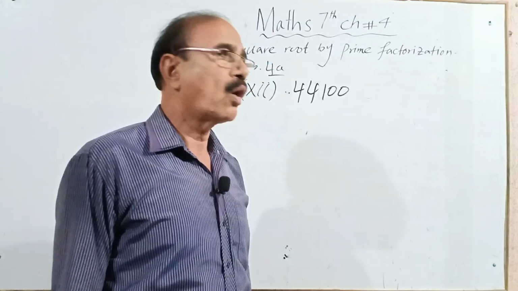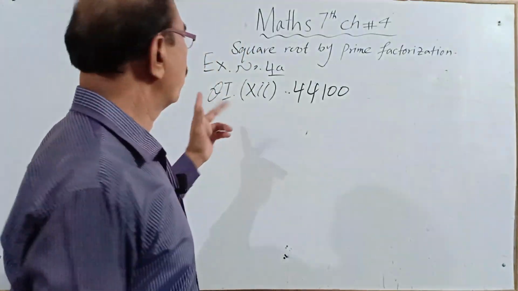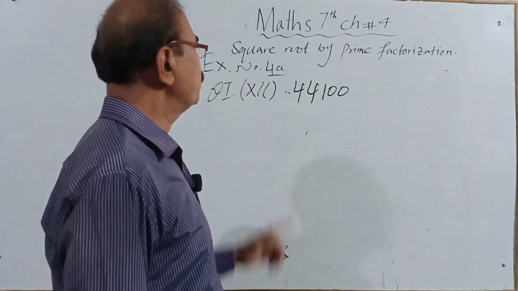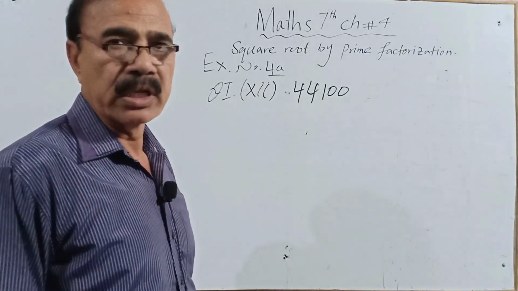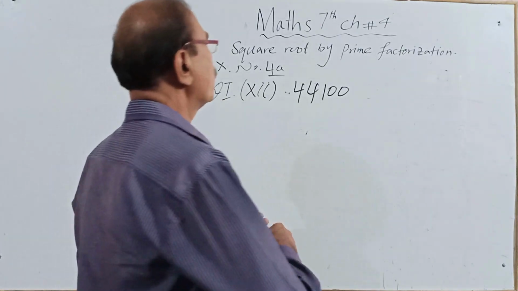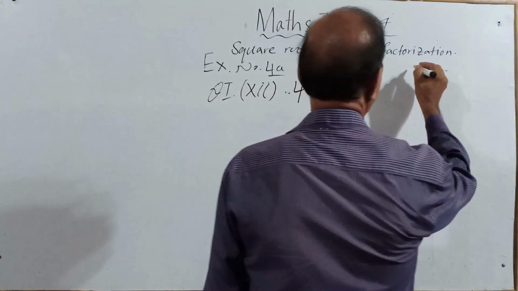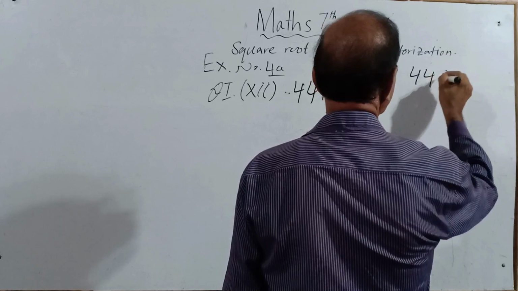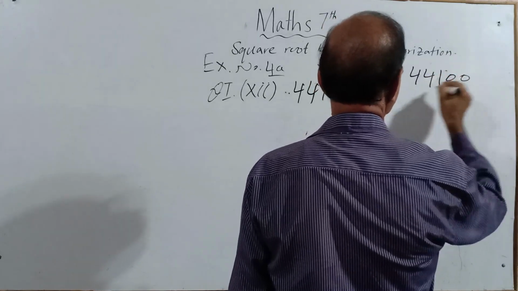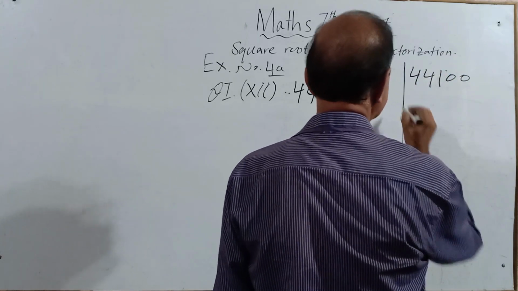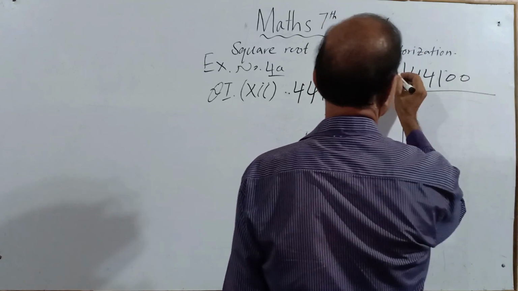Okay. Now students, question number 1, the last part is 44100. Now we have to find its square root by prime factors. So here is 44100 and we have to find its prime factors.